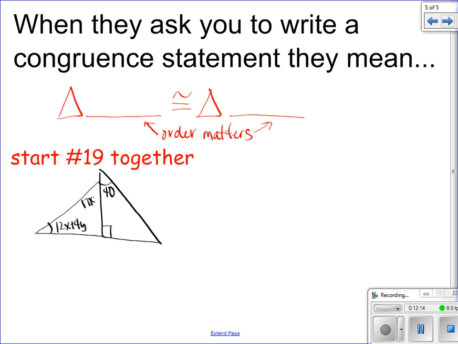All right, so they want us to find x and y. So let's talk about this. Let's look at the triangle on the right. How big is this angle right here?